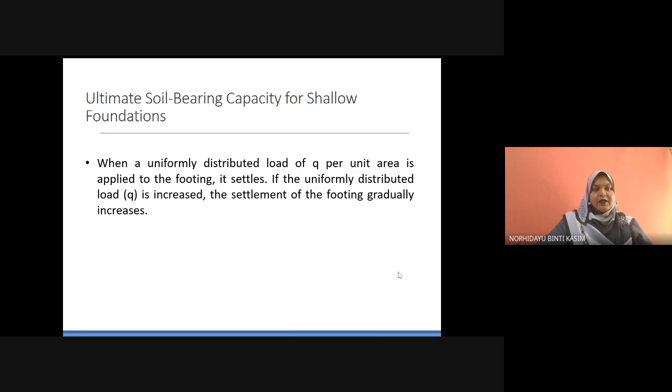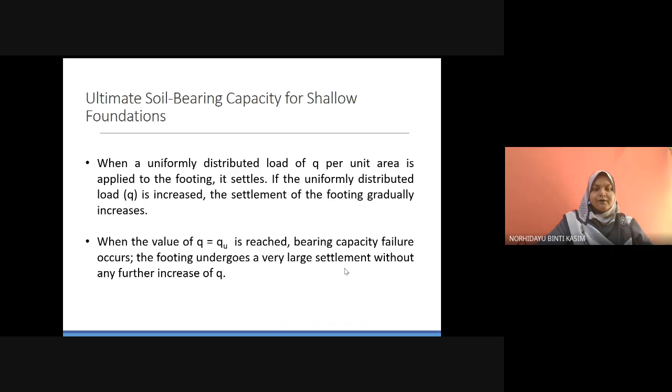Okay, the next slide is on the ultimate soil bearing capacity for shallow foundation. When a uniform distributed load Q per unit area is applied to the footing, it settles.